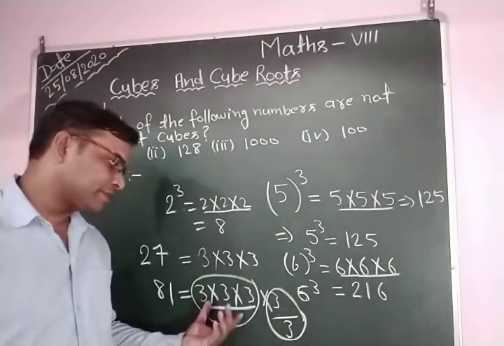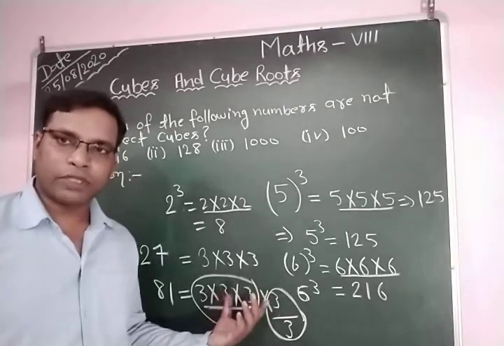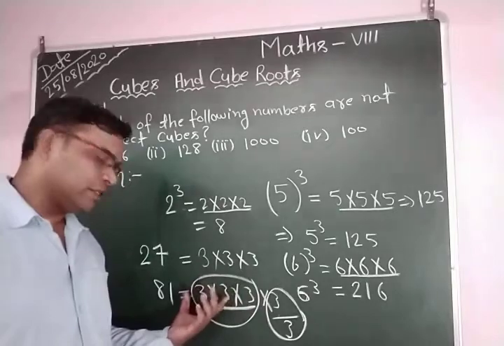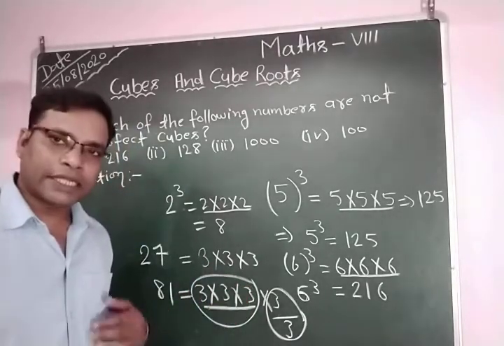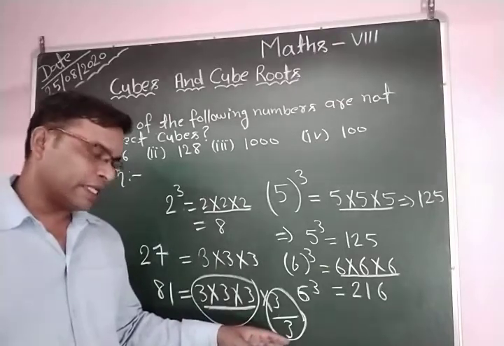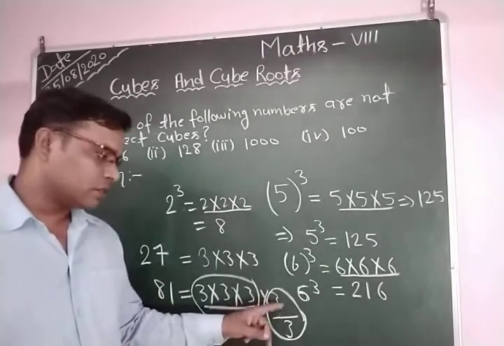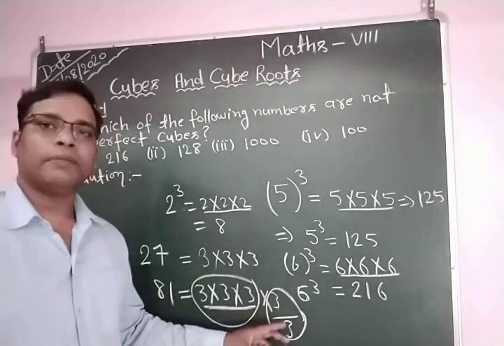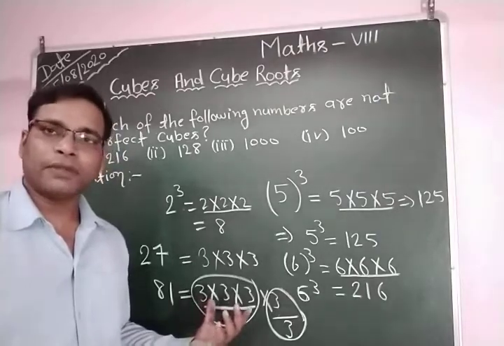If you multiply 81 by 3 into 3, which means 9, then the new number is a perfect cube. And in the case of division, if you divide by 3, because this 3 has no triplet group, then we obtain a new number which is a perfect cube.